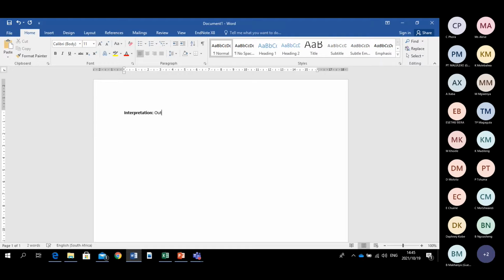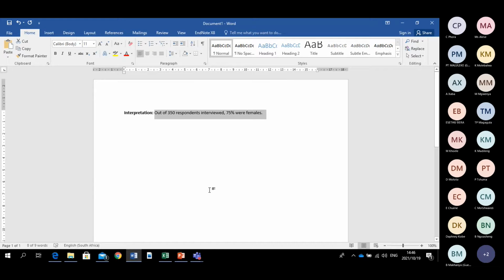So the interpretation could be one or two sentences. Hypothetically speaking, maybe there were 350 respondents interviewed, and 75% were females. So you can see this is not data, it's information, because it's meaningful.